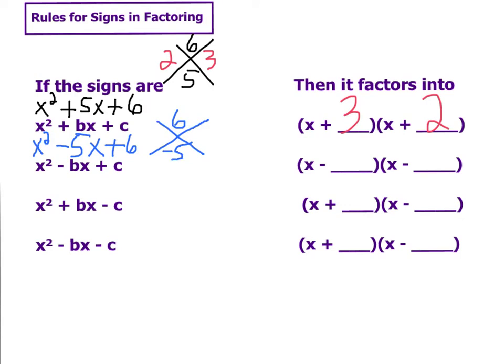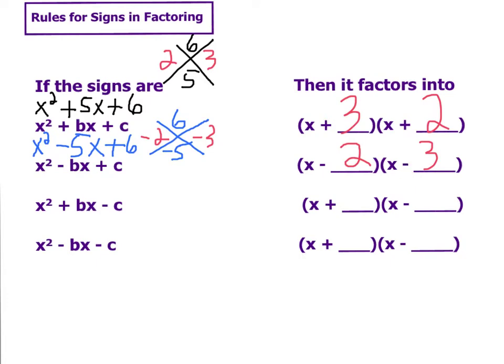And that answer will be negative 2 and negative 3. Because negative 2 multiplied to negative 3 is 6, and negative 2 plus negative 3 equals negative 5. So that's why we put negatives. That's why these are both going to be minus signs.